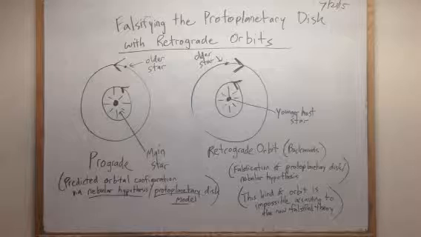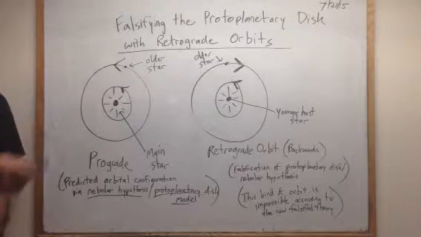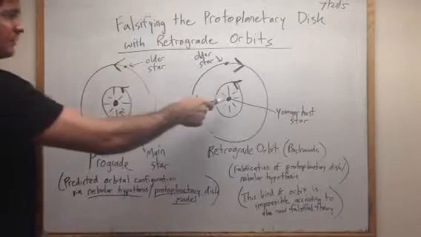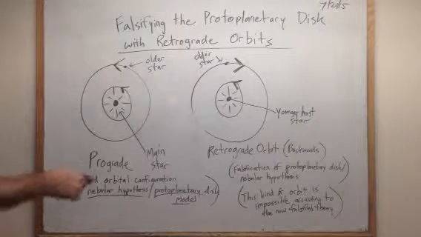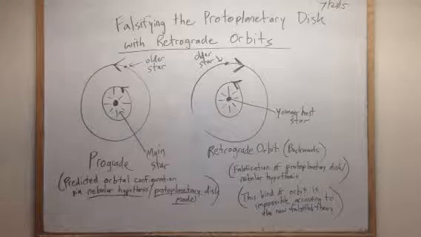This is because they wanted to model everything based off the solar system's behavior. All the objects in the solar system orbit in the same direction as the sun's spinning. But clearly, this does not occur in many parts of the galaxy, meaning this model and this theory are both officially falsified.